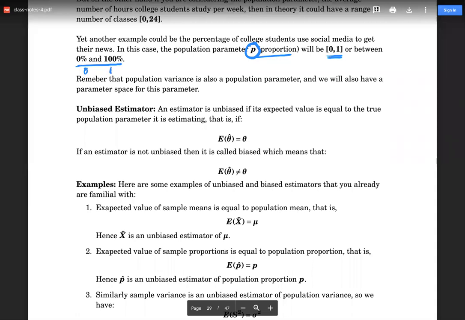So that's why it's everything between 0 and 1, including the boundary points 0 and 1. Now, once again, we are using estimators, point estimators to be precise. We are using point estimators to approximate or to learn about the population parameter.